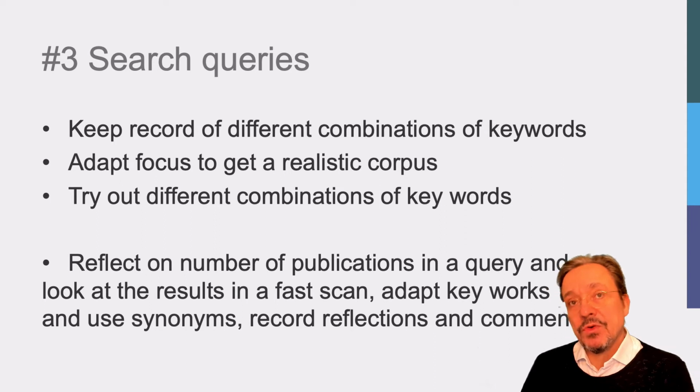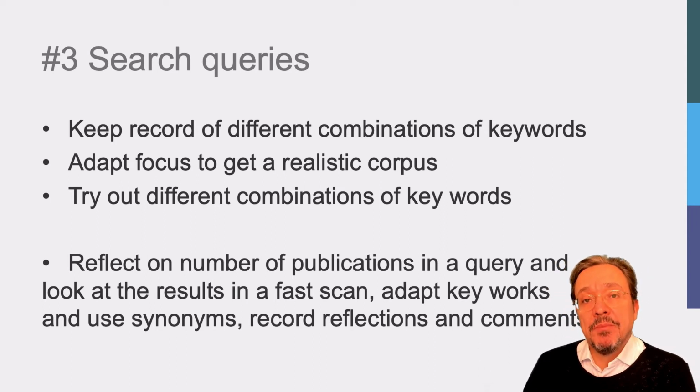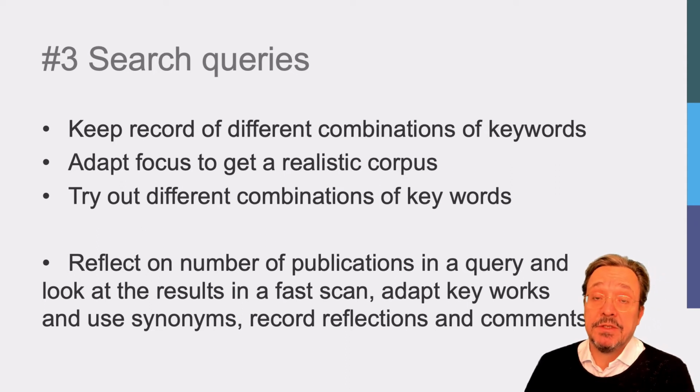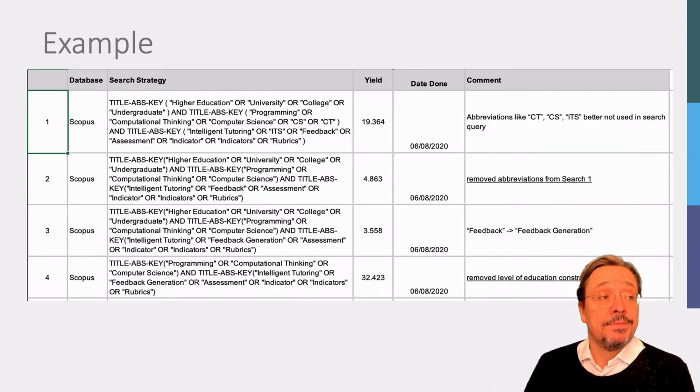So try to find different combinations, probably reduce the number of years you're considering. Reflect on the number of publications in a query and look at the results in a fast scan. Adapt the keywords, use synonyms, record reflections and put comments to them. That's essential for remembering later on how your search process went forward.